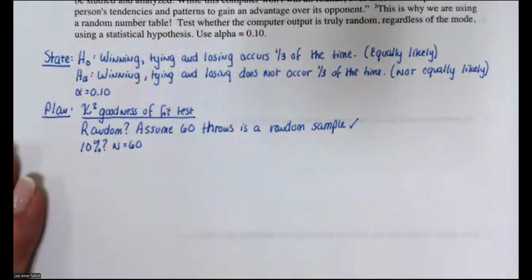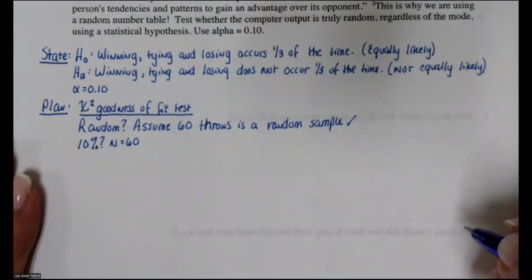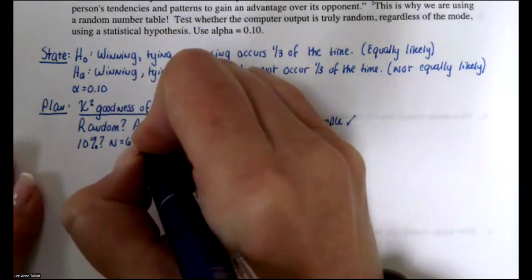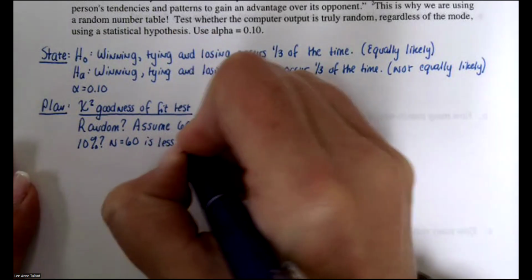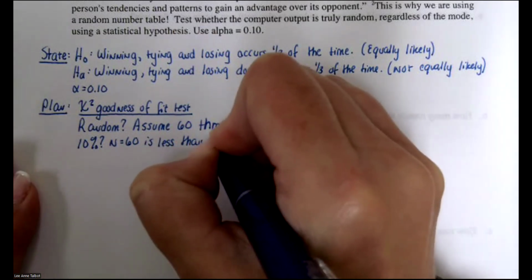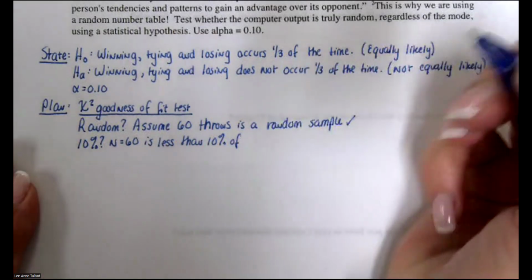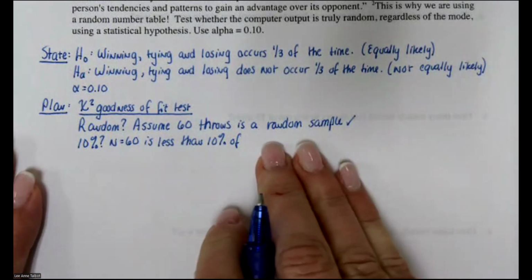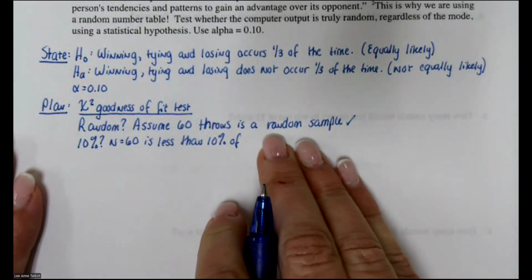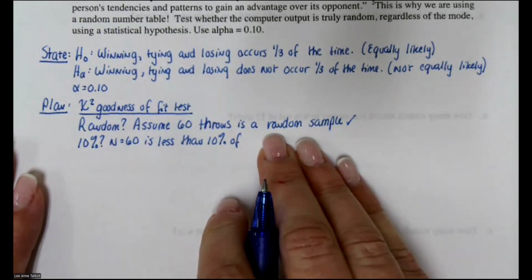Does it make sense why I'm using 60, by the way? So I'm hoping you guys are picking up on the fact that with games, usually you say something about assuming it's a random sample.